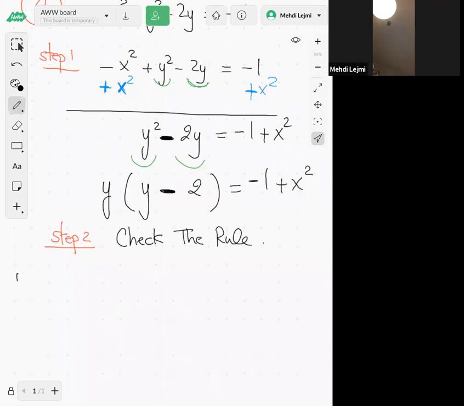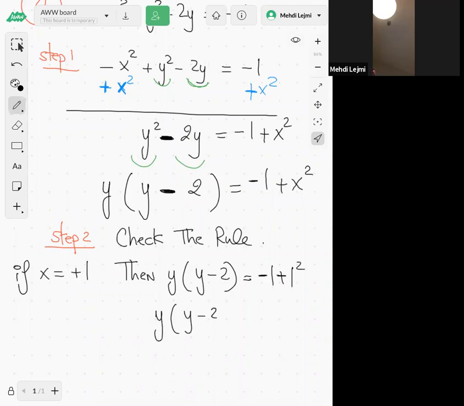So let's say x is +1. You'll see why I'm gonna take +1, because if x is +1, then on the right side, it's gonna be 0, right? So I have y times y minus 2 equal to -1 plus 1 squared. So y times y minus 2 is equal to 0.